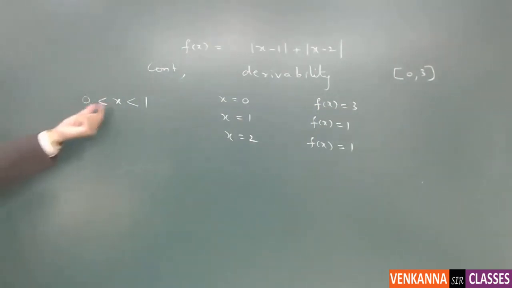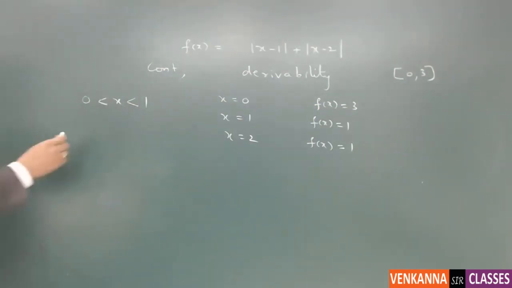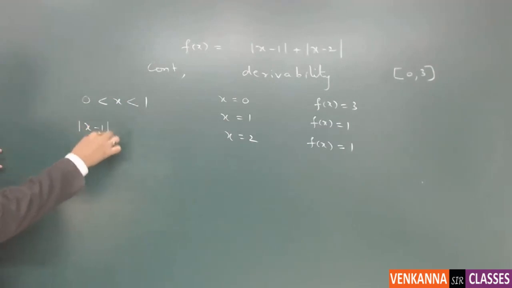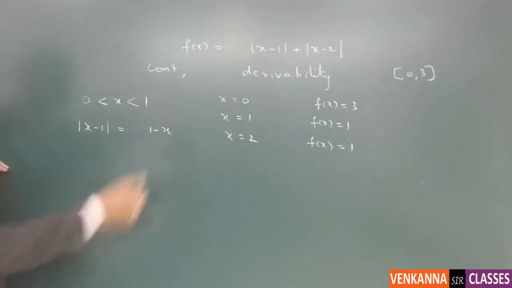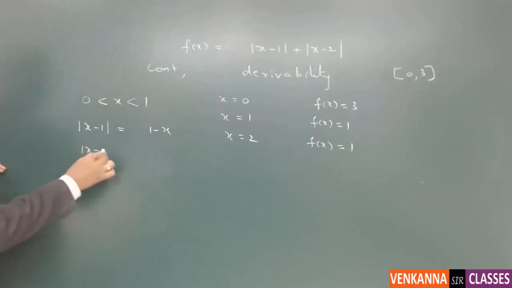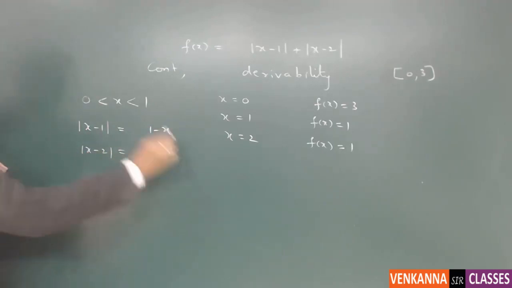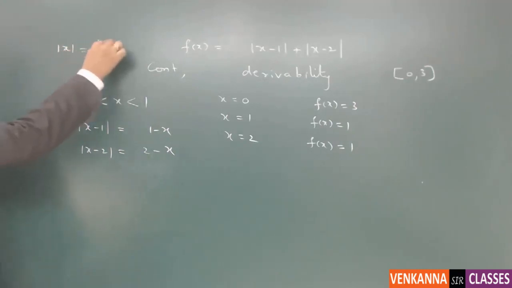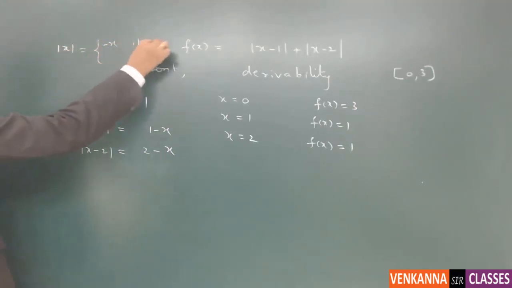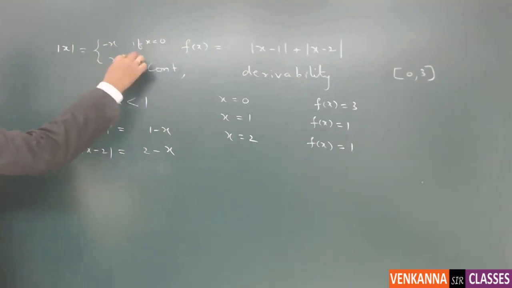So whenever x lies between these two values, mod x minus 1 is nothing but 1 minus x, and mod x minus 2 is nothing but 2 minus x, as mod x is defined as minus x if x is less than 0 and x if x is greater than or equal to 0.